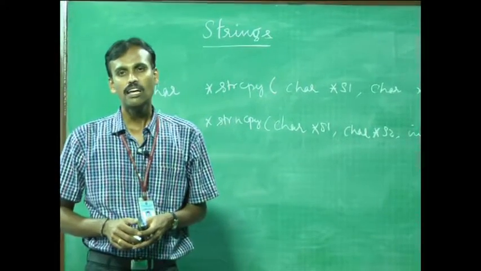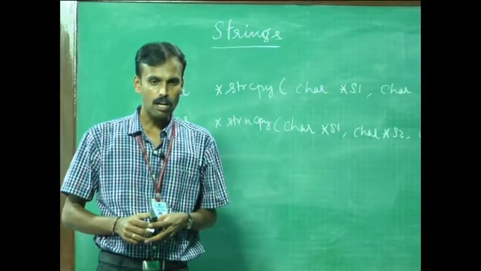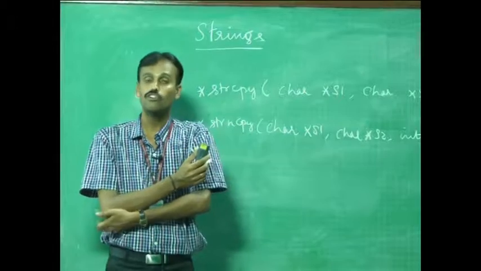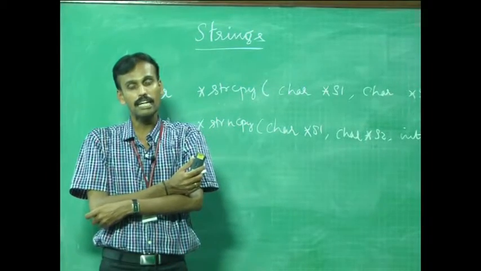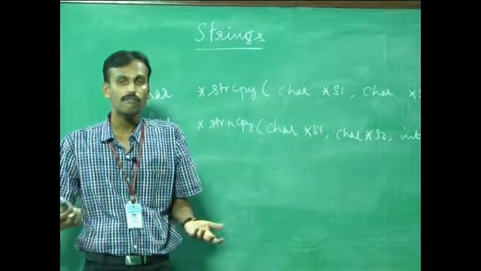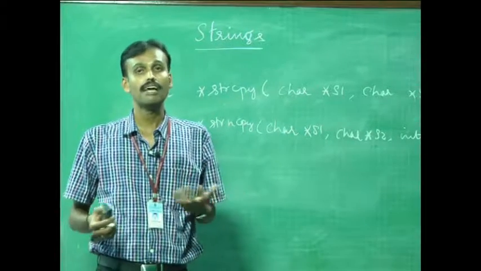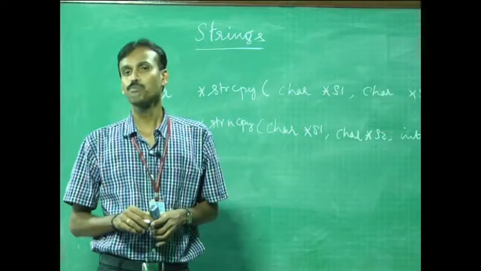Then we are more certain to have two strings to be joined together, that is, we are in a need to concatenate a few strings. C has provisions for having two strings concatenated. How is this possible?